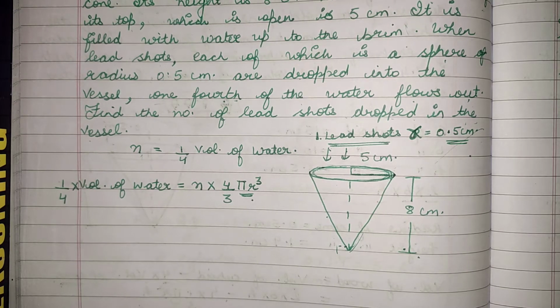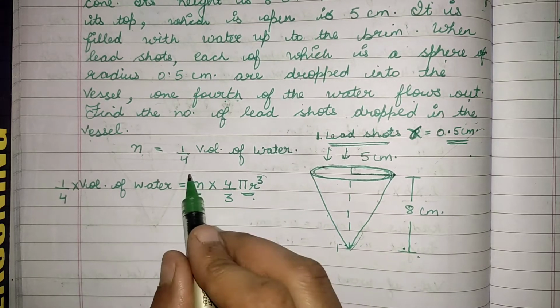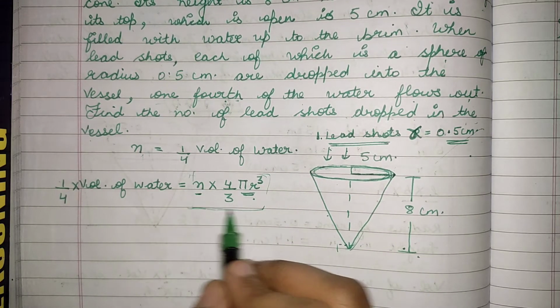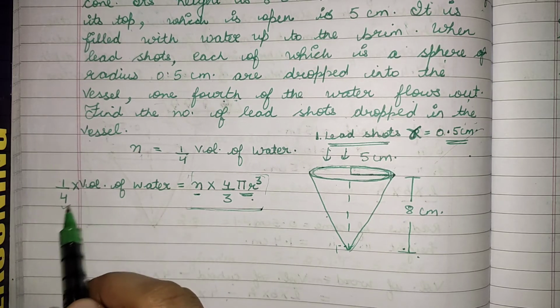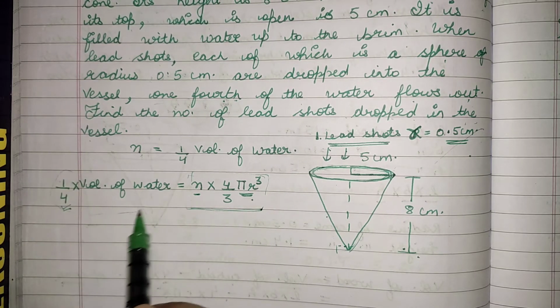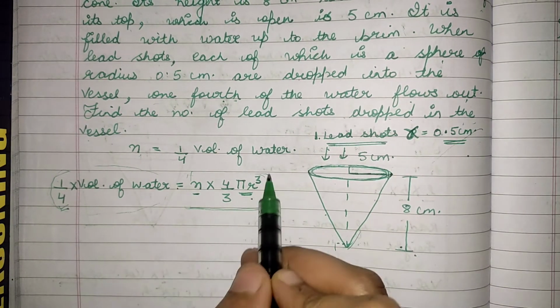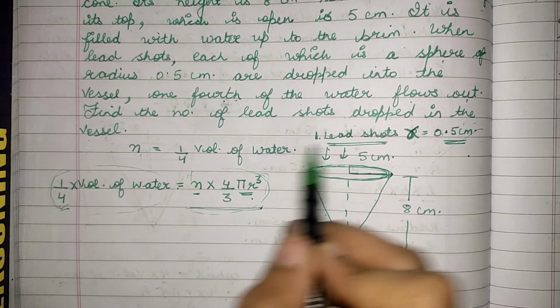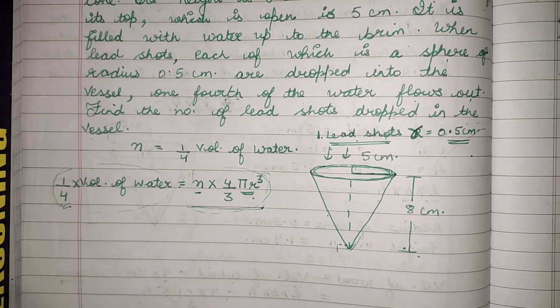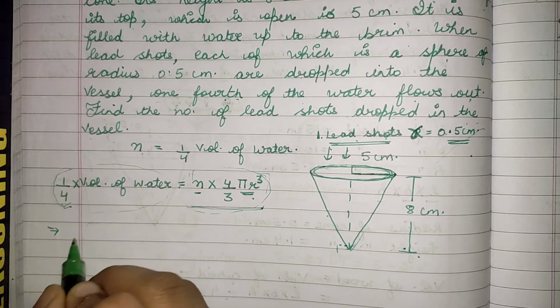The amount of water flown out will be equal to the volume of these n lead shots. The water that flows out is 1/4 of the volume of the total water, which is equal to the volume of the lead shots. Now the question is simple.